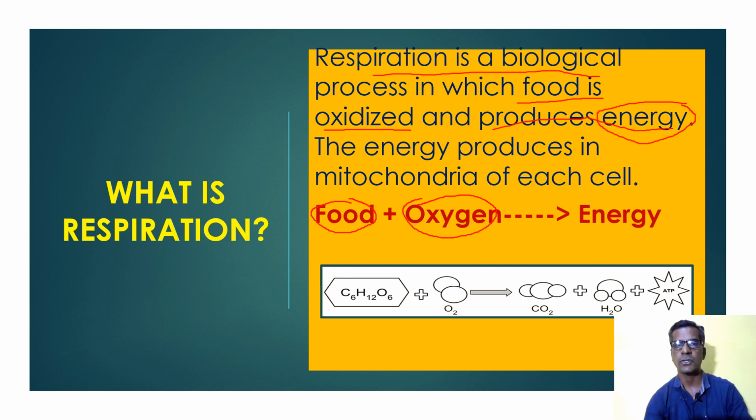This glucose molecule combines with oxygen to liberate carbon dioxide, water, and very importantly ATP. This is nothing but energy. ATP means adenosine triphosphate, which is called the currency of energy of living things. So totally, the oxidation of food to produce energy is called respiration.